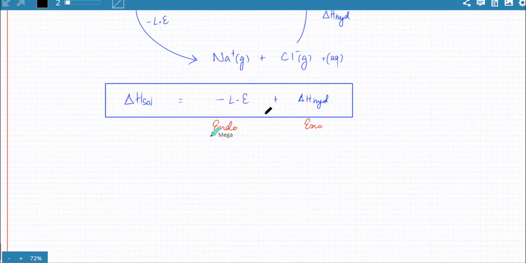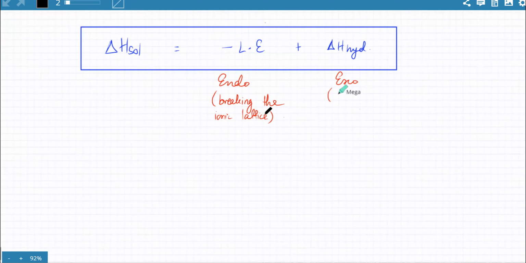In the next part, the ions form bonds with water molecules.